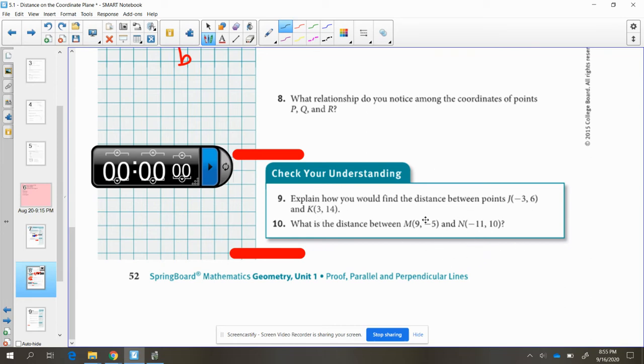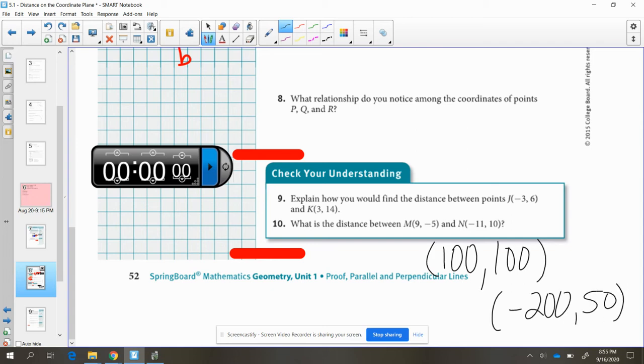But these get a little bigger. And what happens if we get bigger than that? What if we want to find the distance from 100, 100 to negative 250, something like that? I don't know about you, but I don't want to have to find graphing paper that is quite so big.